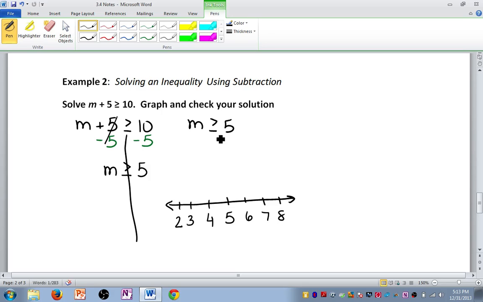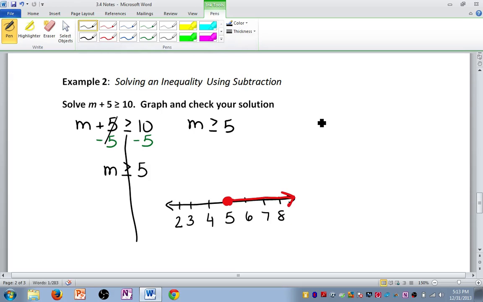And if I wanted to show this, m is greater than or equal to 5, I'm going to find my 5, greater than or equal to. Since m can be equal to 5, I'm going to use a closed circle. If m can be greater than that, then m can be any number greater than 5 on the number line.